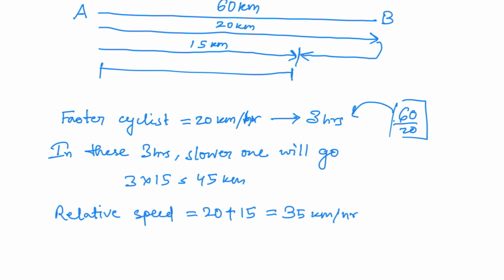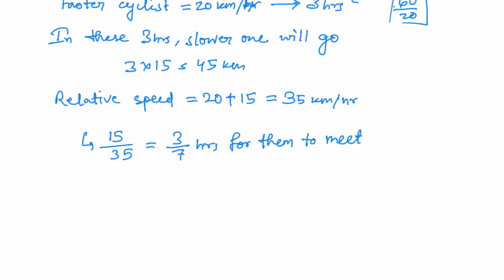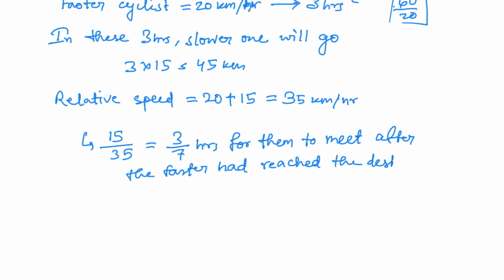So 15 km is remaining, the relative speed is 35, so it will take 15 by 35 or 3 by 7 hours for them to meet after the first cyclist had reached the destination.